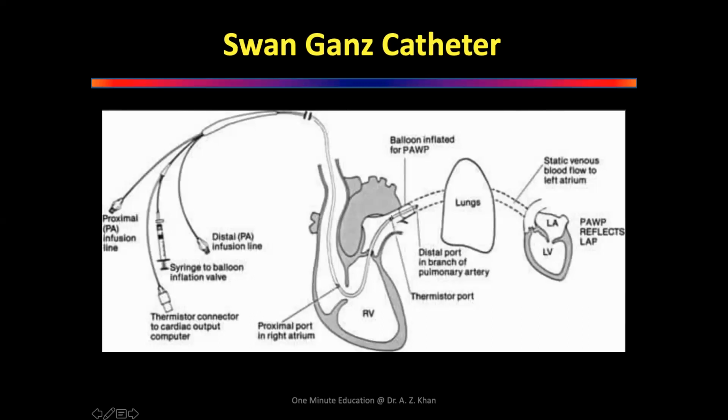Now it will measure the pulmonary artery pressure. There is one tracing which represents the JVP, the right atrial pressure. The next tracing represents the right ventricular pressure. The next tracing measures the pulmonary artery pressure. And then, provided the lung has no pathology, this is all a low pressure circuit.